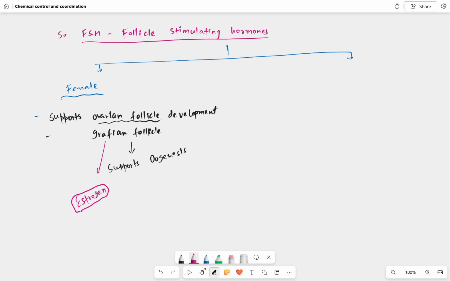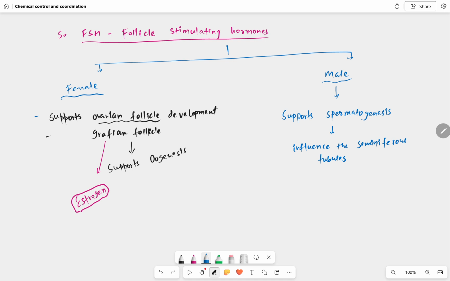But in male, since there is no cyclic change as in case of female, it supports spermatogenesis. There it supports spermatogenesis, and it also influences the seminiferous tubules.